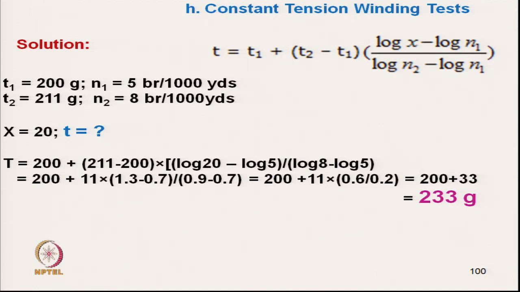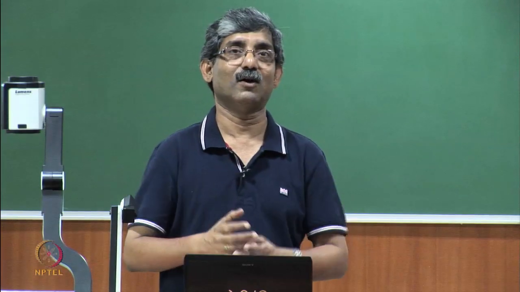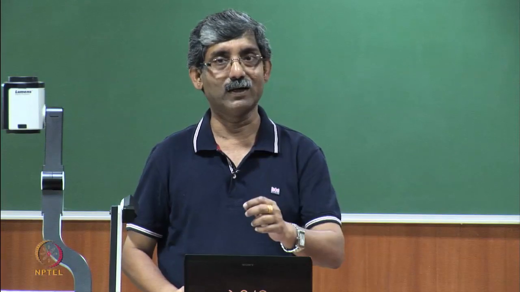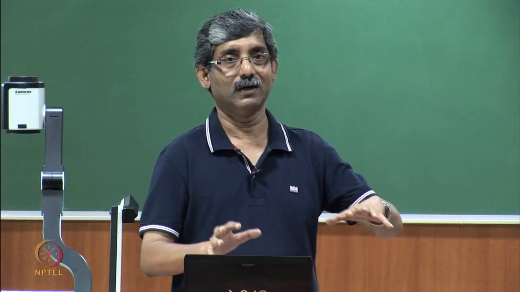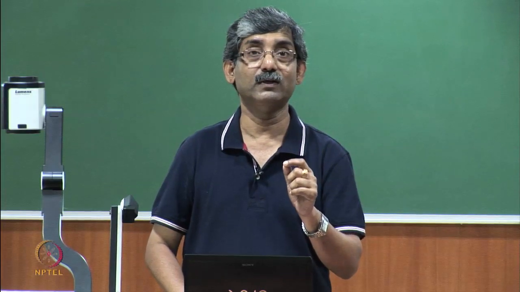So, what does it show? If we know the basics of these test methods, we can calculate any data, provided we have some raw data. The condition here is that we know the static load.